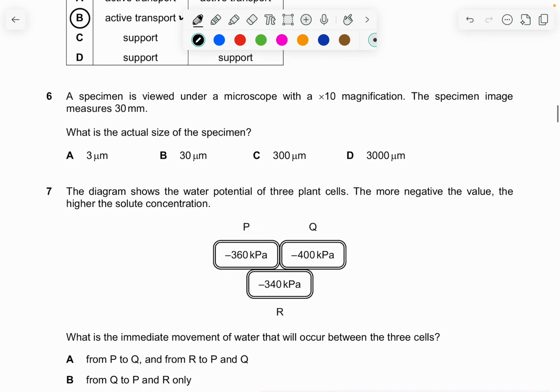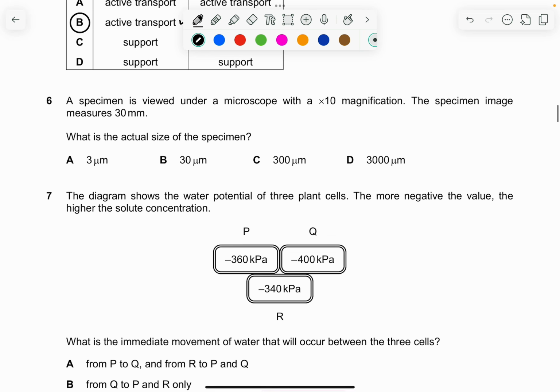Question 6. A specimen is viewed under a microscope with a ×10 magnification. The specimen image measures 30 mm. What is the actual size? So let's draw out the formula triangle, I, M. We want to find the actual size of the specimen.